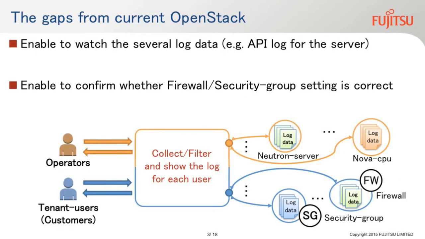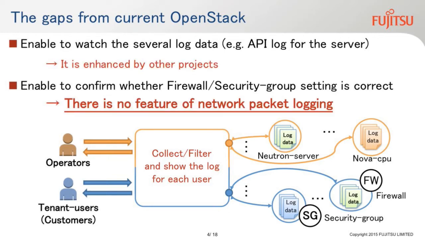As I have just explained the goal of development, now I want to explain the gap from the current OpenStack. Enabling the watching of server log data can be enhanced by other projects. But for confirming whether the firewall and security group setting is correct or not, currently there is no feature of network packet logging.